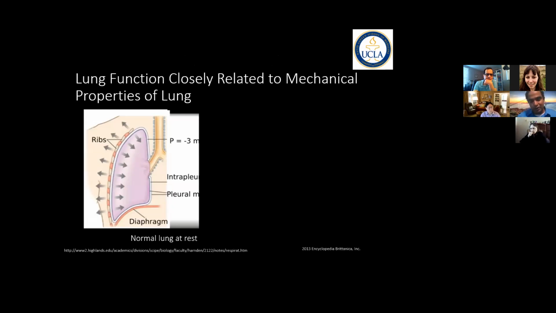Lungs are interesting because it is not an anatomy that is in one position and that's pretty much it. It is an anatomy that constantly keeps deforming back and forth. And what that means is we need to account for its dynamics also. The rib cage constantly expands, the diaphragm constantly moves down.